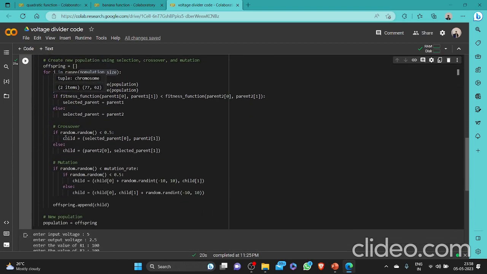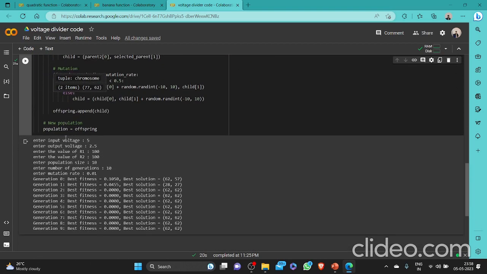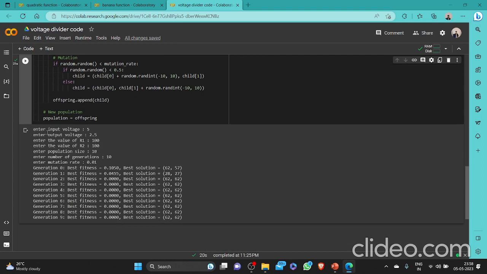At the end, we will give an input voltage of 5 and output voltage of 2.5. Initial values for R1 and R2 are 100 and 100. Population size 10, number of generations 10, mutation rate 0.01.